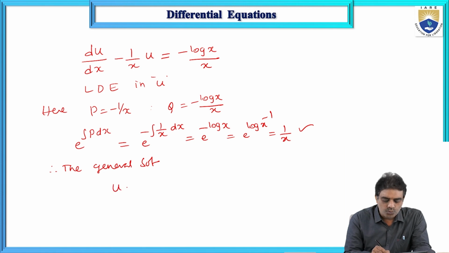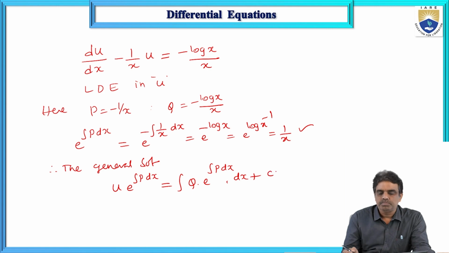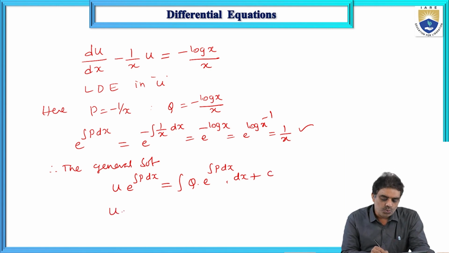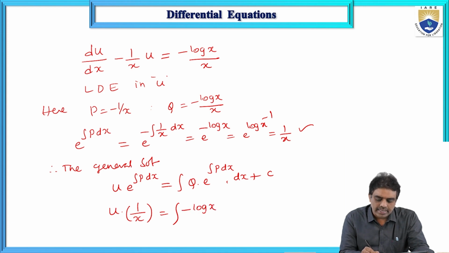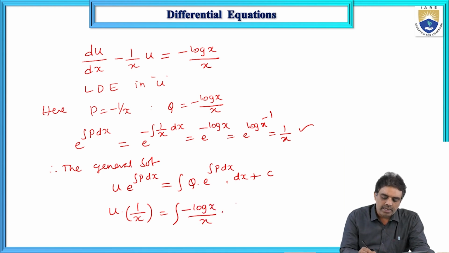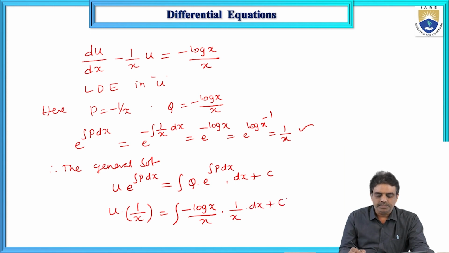Therefore, what is the general solution? We know that u e power integral p dx is equal to integral q e power integral p dx plus c. So now on substituting the corresponding values, u times 1 by x is equal to integral of minus log x by x times 1 by x dx plus c.